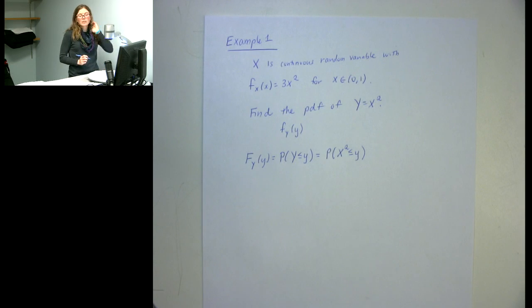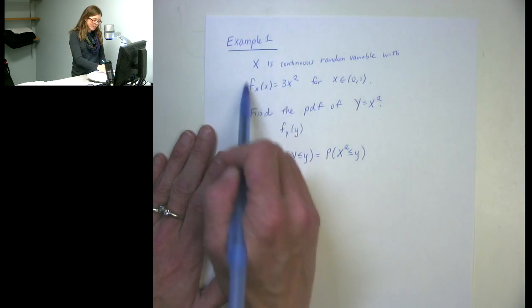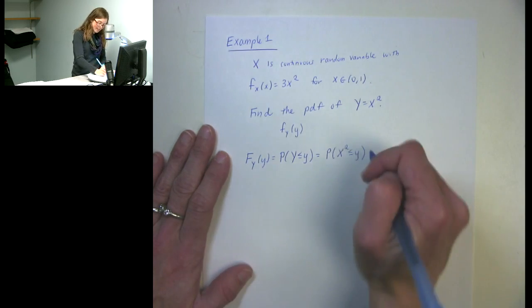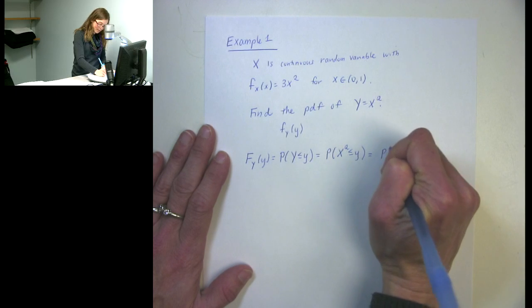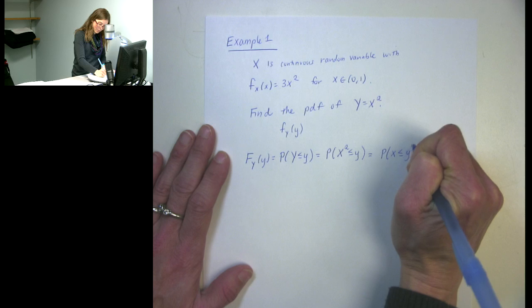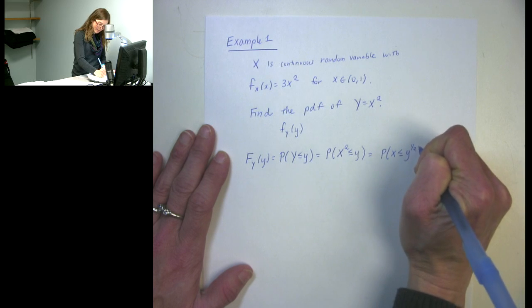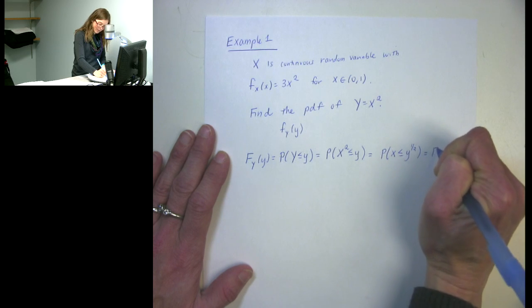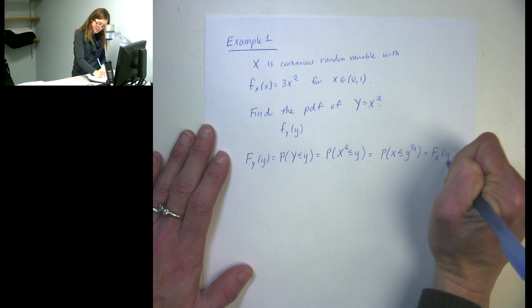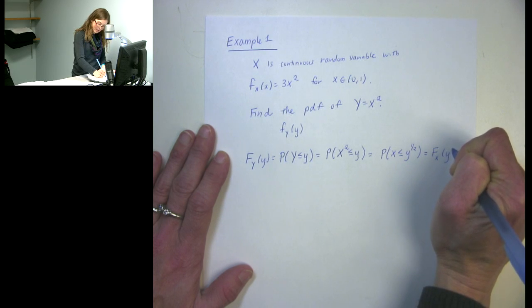Now, in order to be able to figure this out using the cumulative distribution function for x, I'm going to isolate x. So this is equal to the probability that x is less than or equal to y to the 1/2 power. And this is our cumulative distribution function for x valued at y to the 1/2.